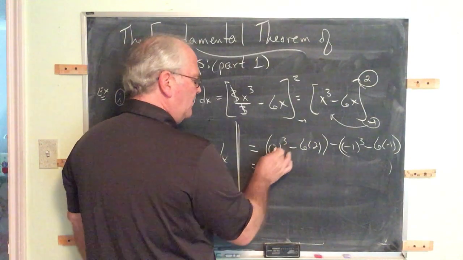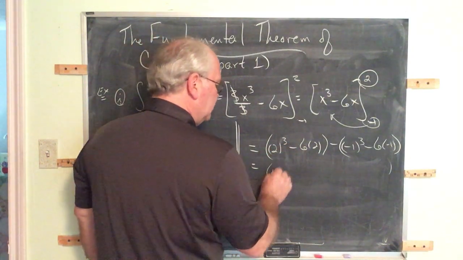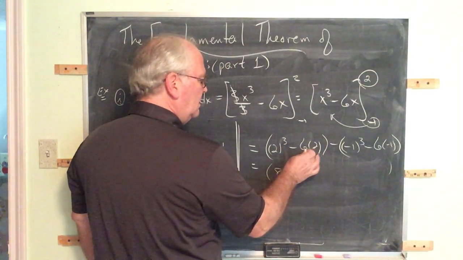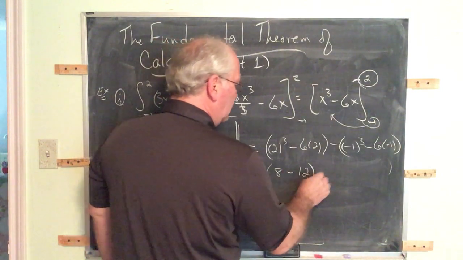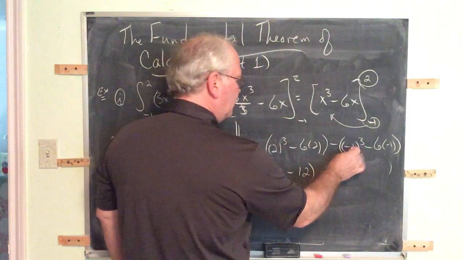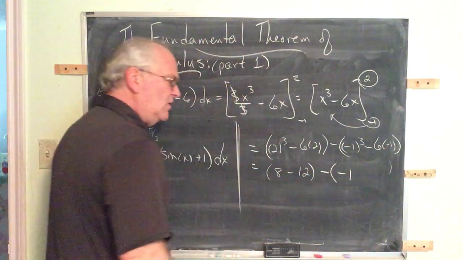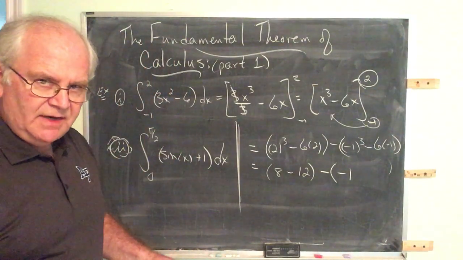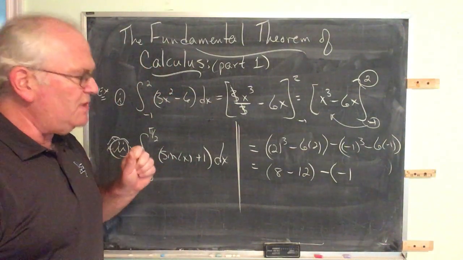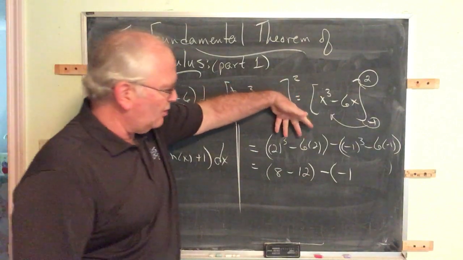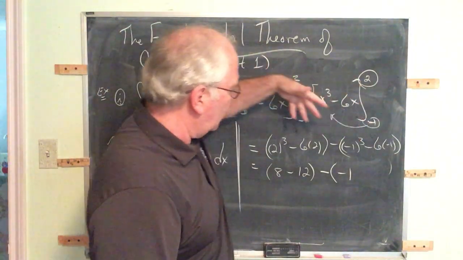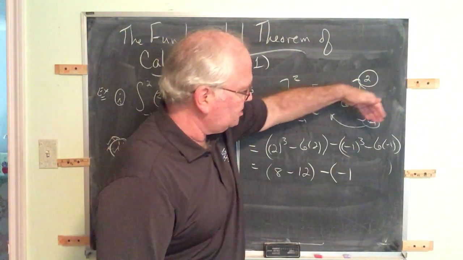So 2 to the third, that's 8, minus 12, that looks like 12 to me, minus -1 to the third, which is -1. Be careful. There are enough negative signs flying around here to satisfy anybody. So be very careful. That's why I like to put parenthesis minus parenthesis. Expression, expression, expression, expression.